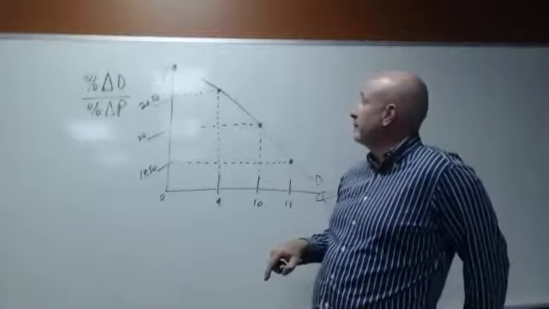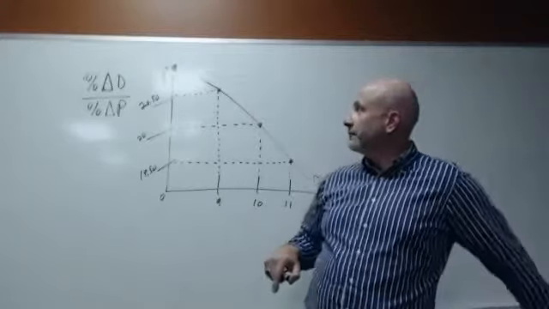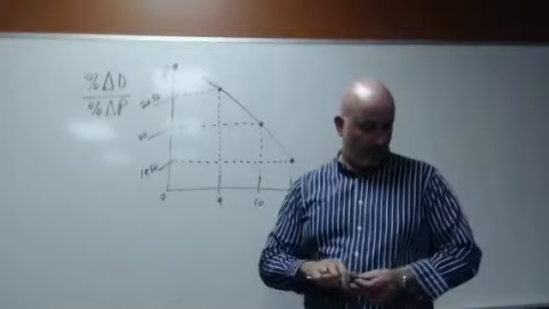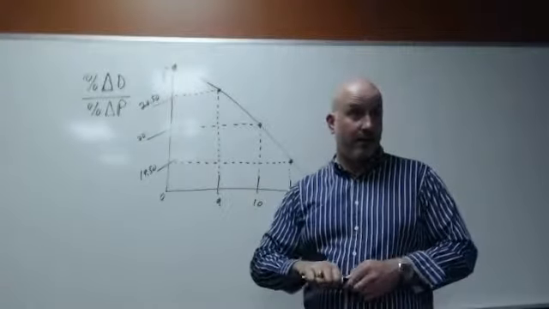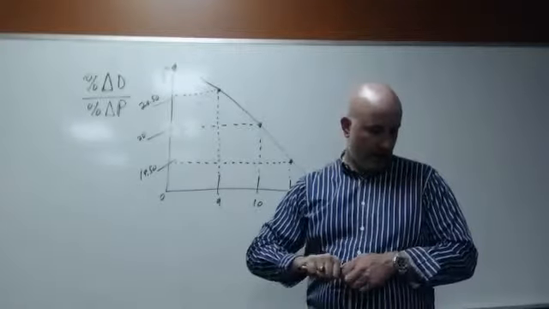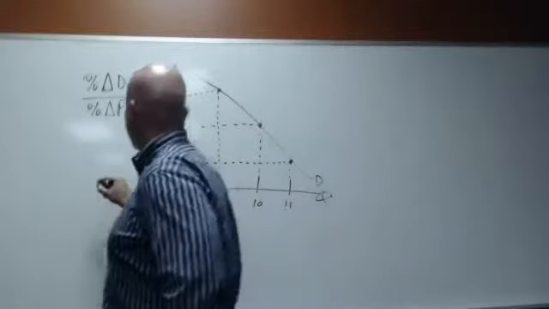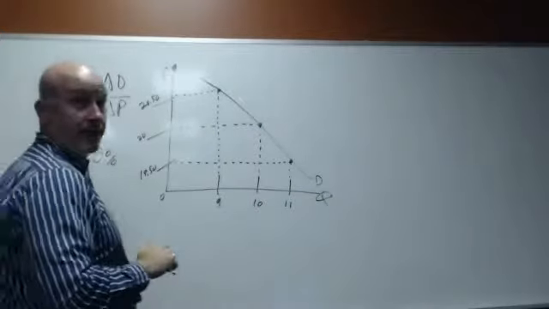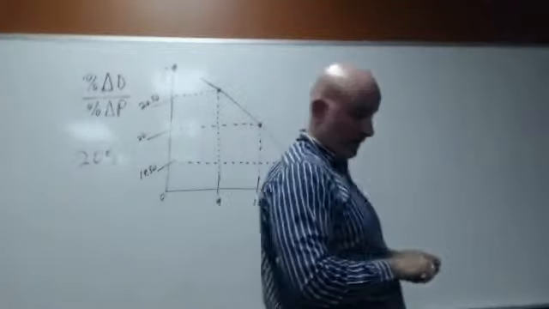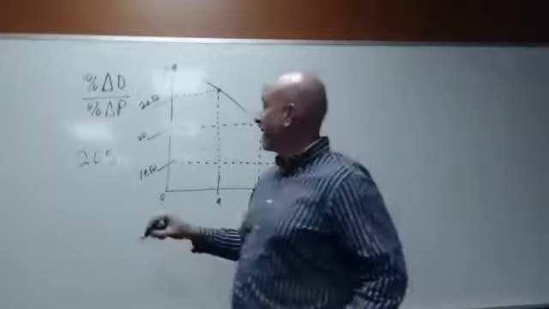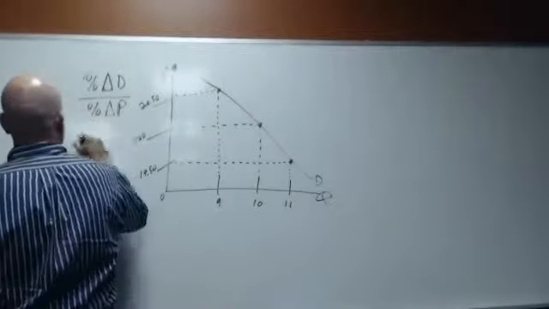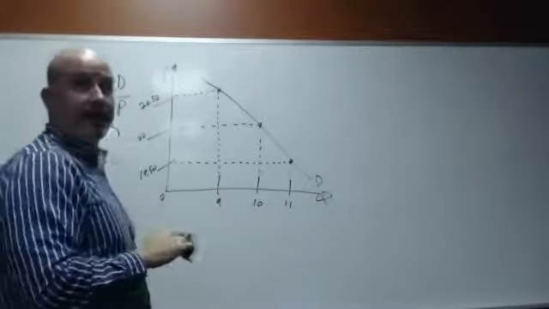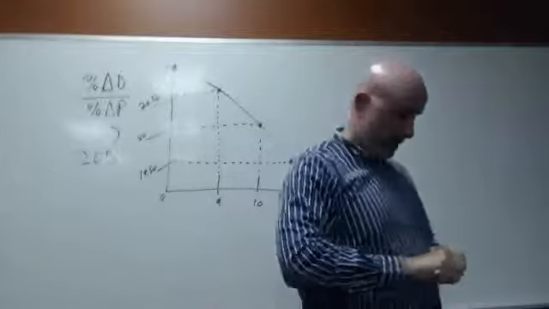So 2 divided by 10 times 100 gives me 20%. So we have a 20% change in demand, and we solve that by 2 divided by 10 multiplied by 100.